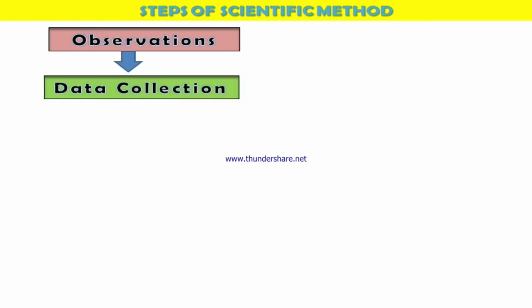To get the answer to your question, you have to follow the next step, that is data collection. Deep observation helps to collect all facts and information about the work which has been reported by others.